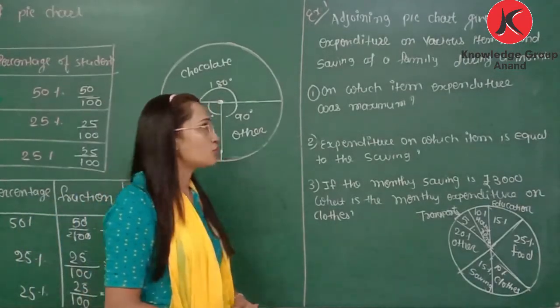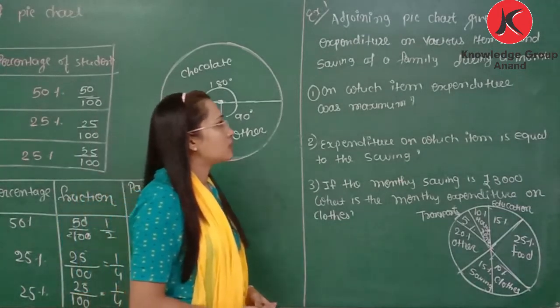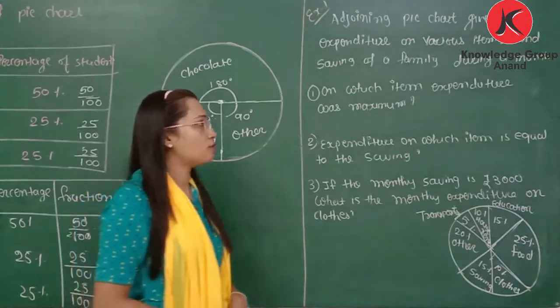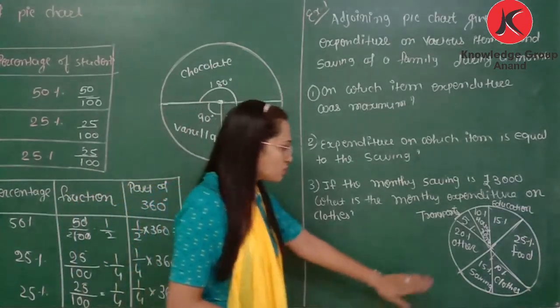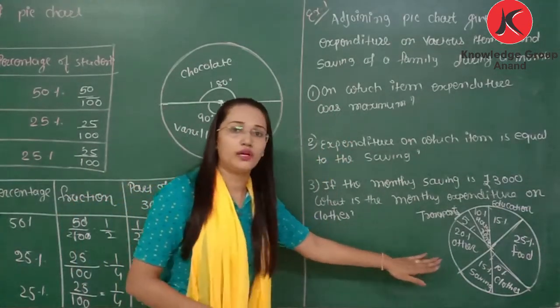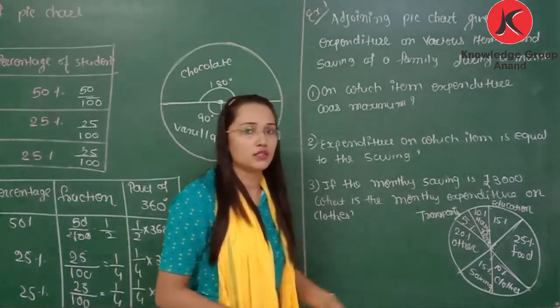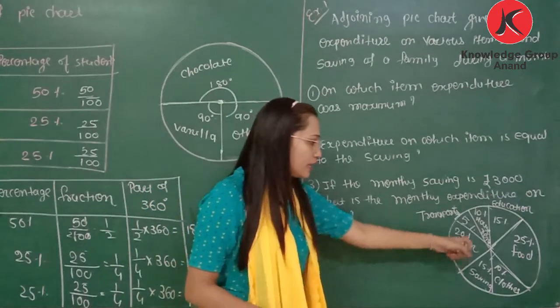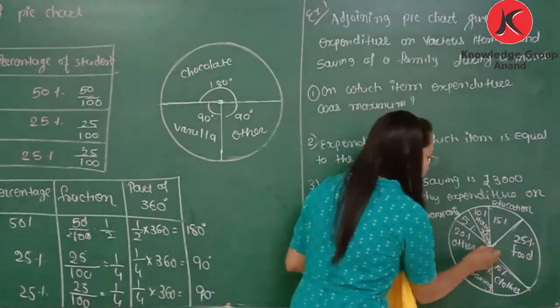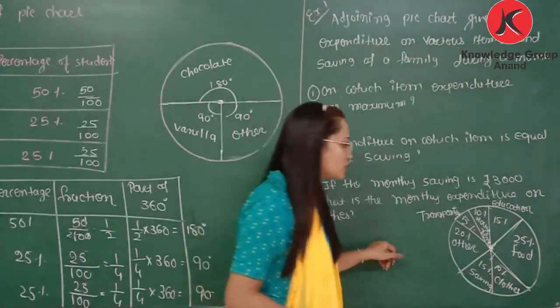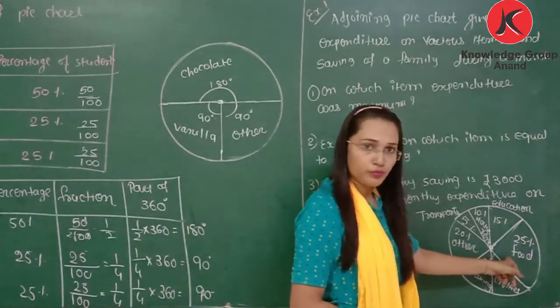Example 1. So here the adjoining pie chart gives the expenditure on various items and saving of the family during the month. So this is the pie chart that is already given in your textbook. You need to observe this pie chart and answer the questions. So now in the graph you can see that 25% of monthly expenditure is given to food.